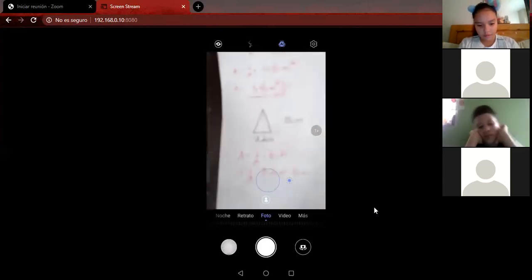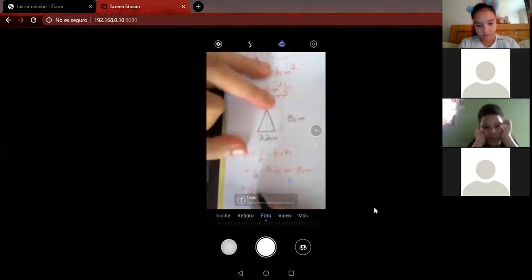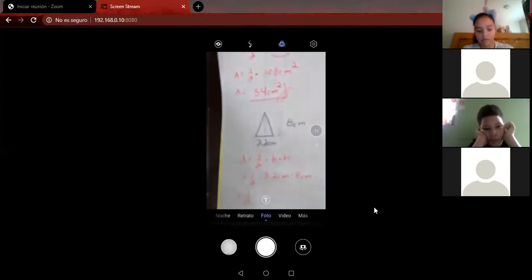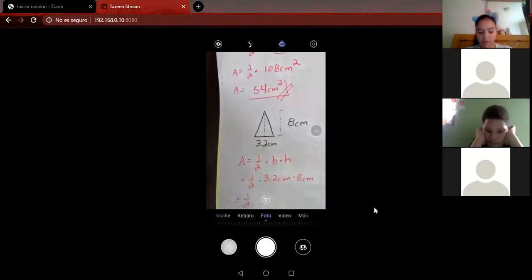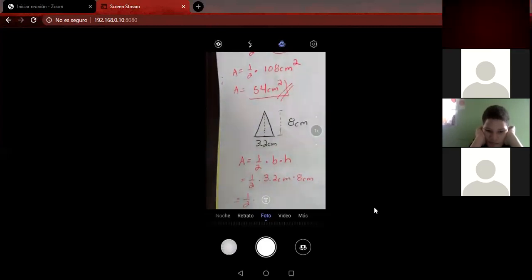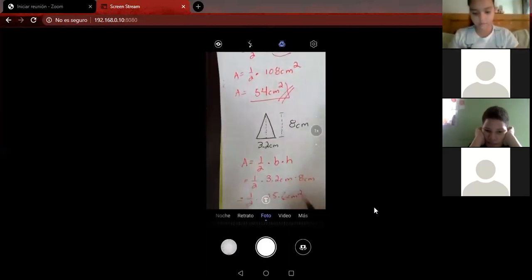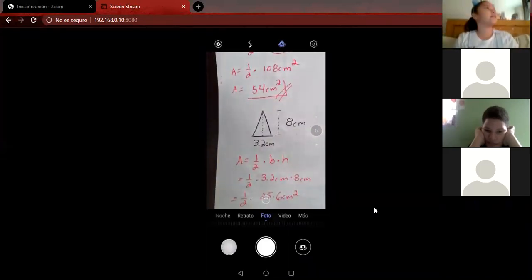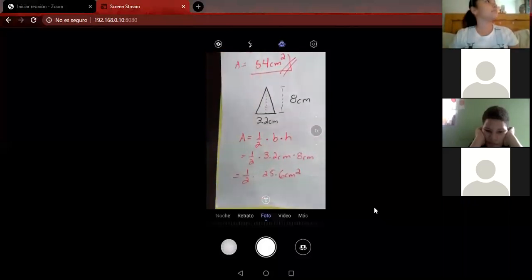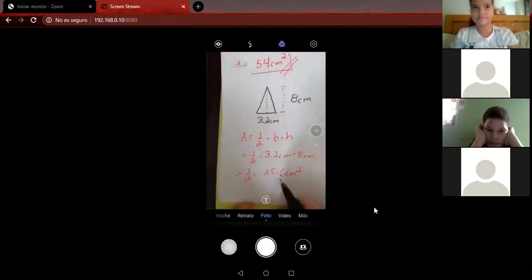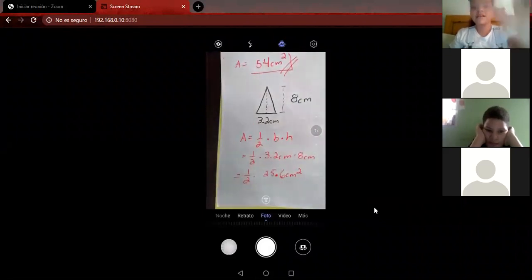So, I have to multiply now. Primero voy a multiplicar 3.2 times 8, that is 25.6 centimeters square. Why 6, mister? Sorry? No. It's 25.6 centímetros square.